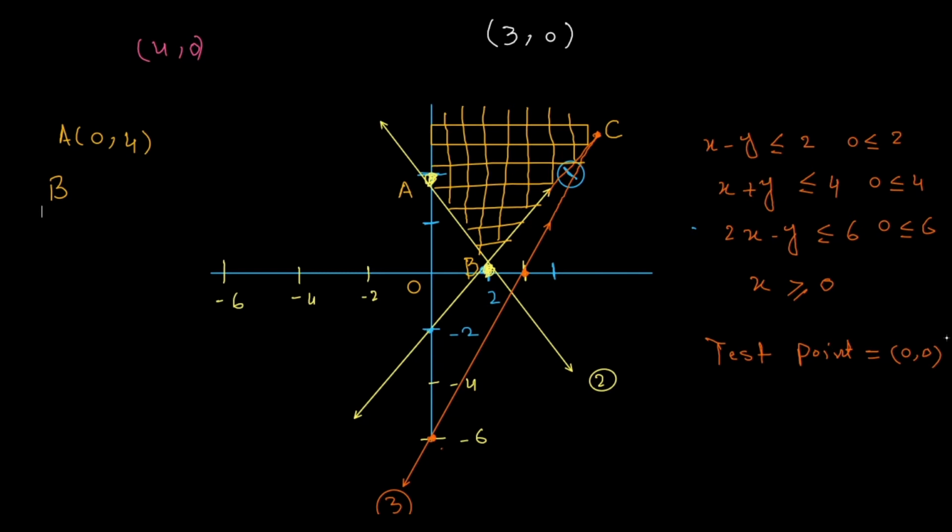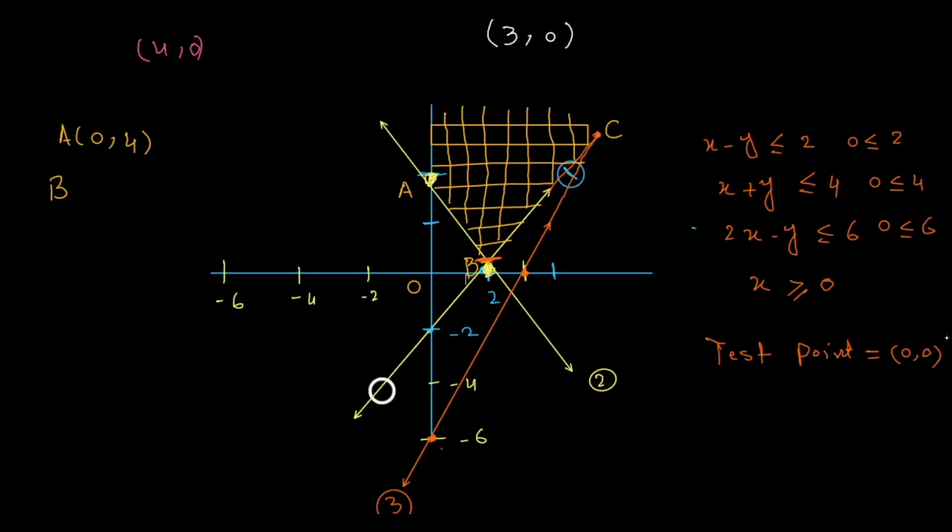And the point B, remember that's the point B. You can see over here, it is not meeting on 2, it is a little bit above. It is actually the point of intersection of line 2 and line 3.